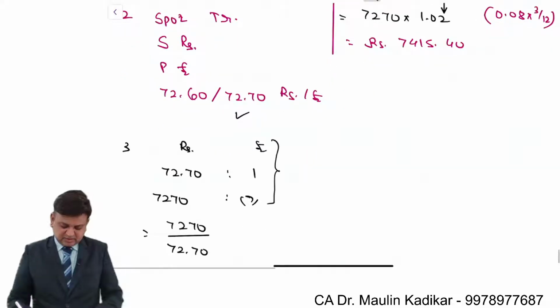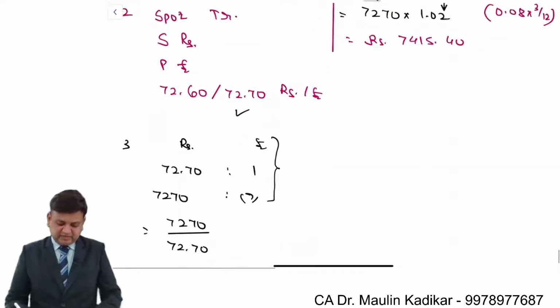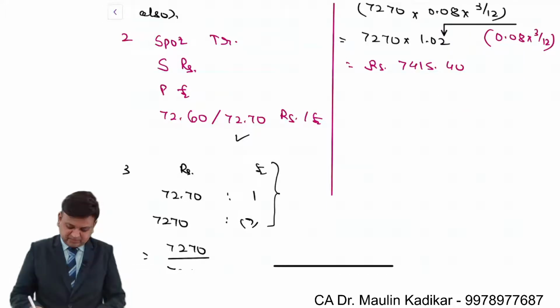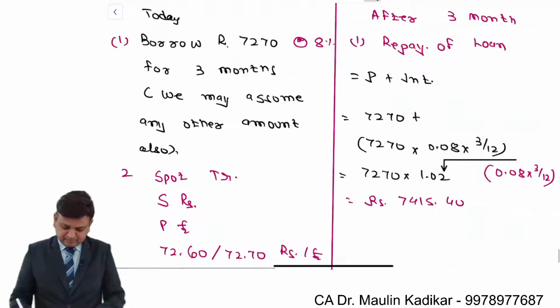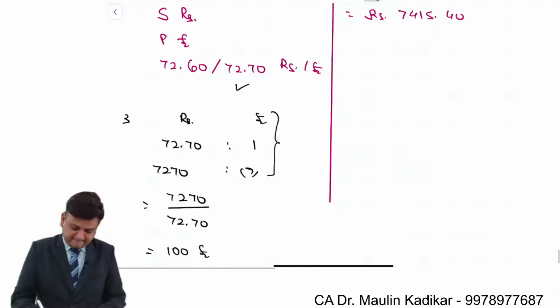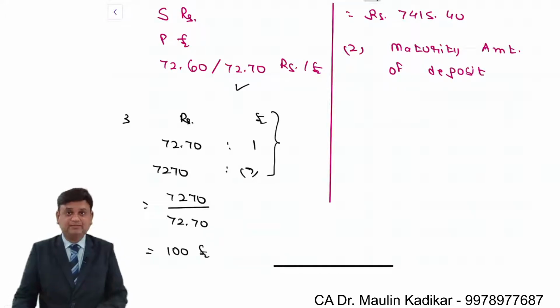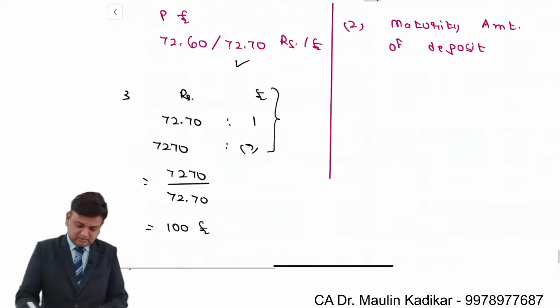The next is you have made investment in pound. So you will have the maturity amount of the deposit in pound currency. Second, maturity amount of deposit. In pound currency, it will be principal plus interest.